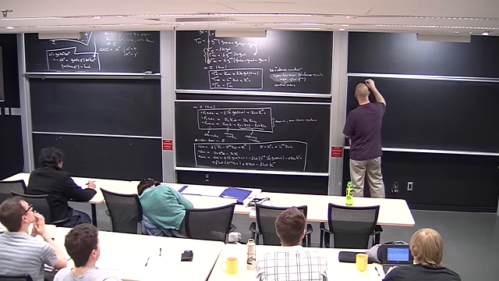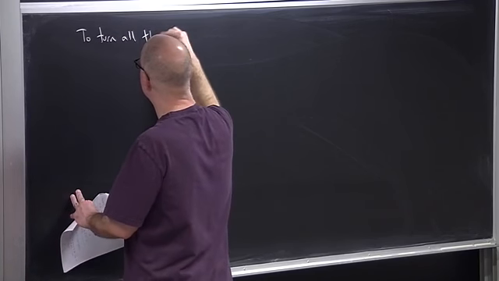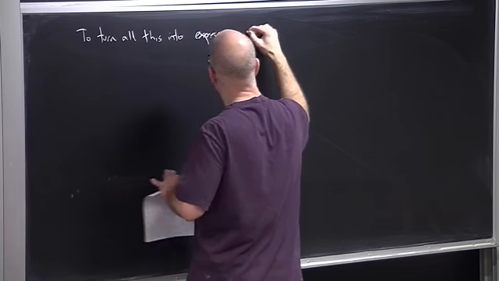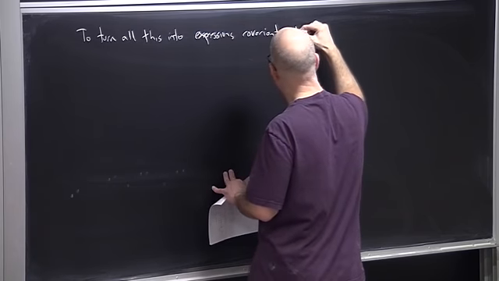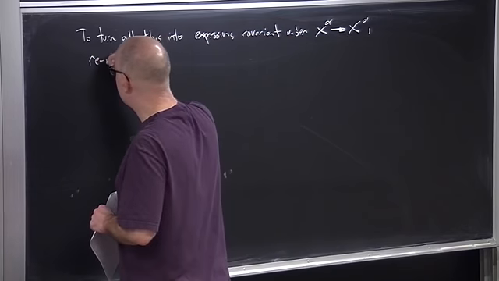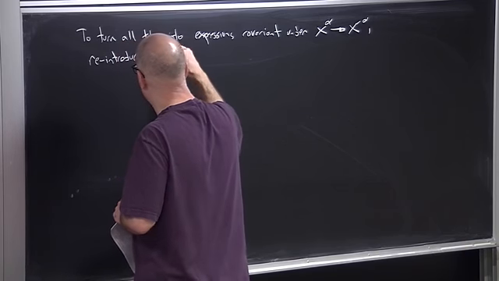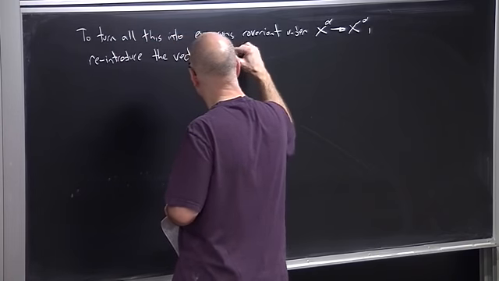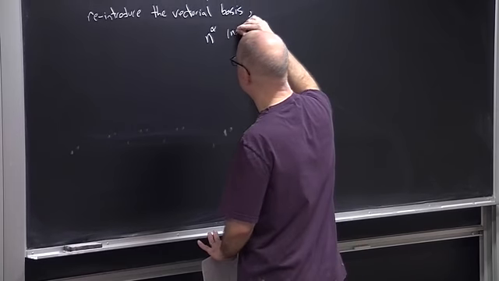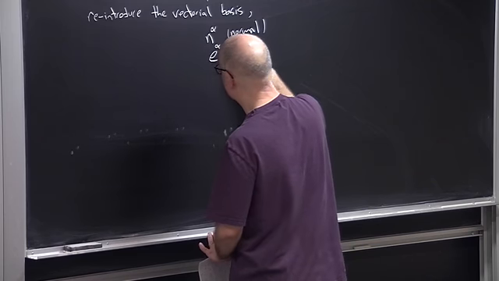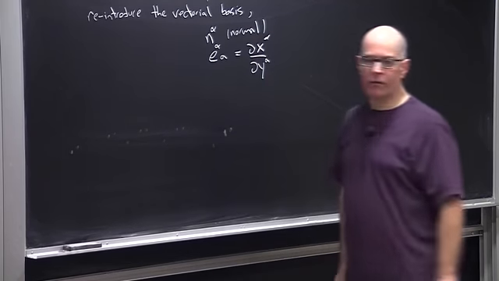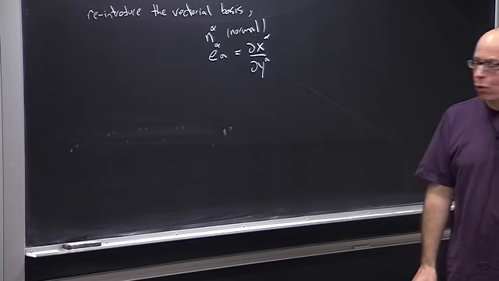So to turn all this into expressions covariant under a four-dimensional coordinate transformation, all we have to do is to reintroduce the vectorial basis on the hypersurface, and the vectorial basis was basically the normal vector n alpha, and the tangent vectors E alpha, which you remember are defined as the partial derivatives of the spacetime coordinates with respect to the intrinsic coordinates.